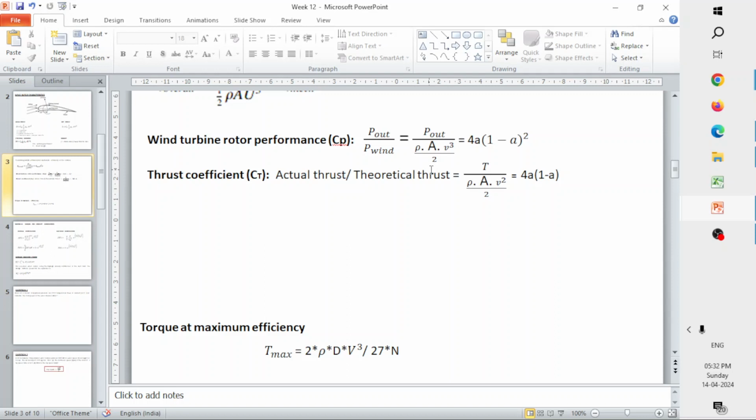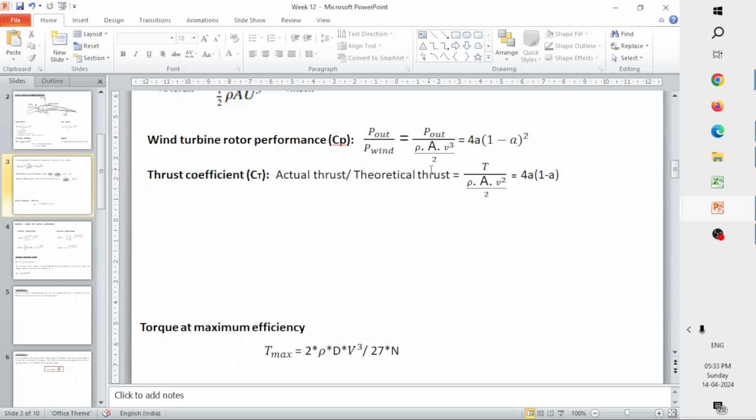So what is the use of increasing the number of blades? When you increase the number of blades, it helps in easy start of your system. The torque acting within your system will increase, so there won't be any difficulty in starting your wind turbine. That is one of the advantages of a multi-bladed system.